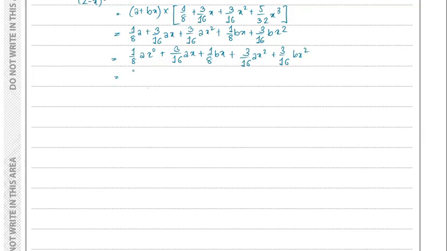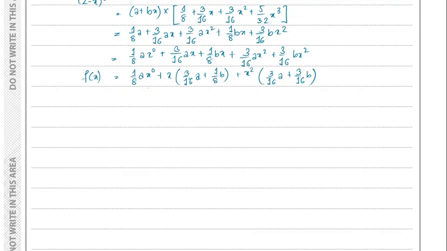Now if I write it in terms of their coefficients, f(x) would be 1 by 8a x to the power 0. X to the power 0's coefficient is 1 by 8a. And the coefficient of x is 3 by 16a plus 1 by 8b, and the coefficient of x squared is 3 by 16a plus 3 by 16b.